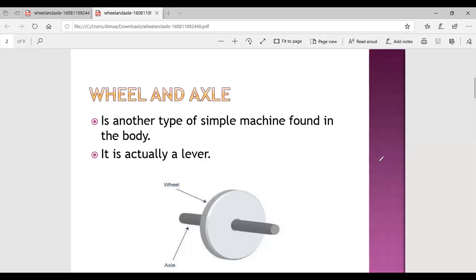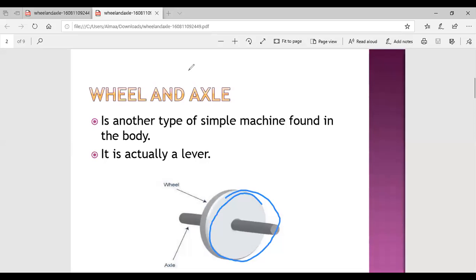The wheel is an example of a simple machine, and it consists of two parts. The first part, this part here, is the wheel itself. The wheel is rotating, moving in a circle. You know circles, so you know how the wheel is moving.